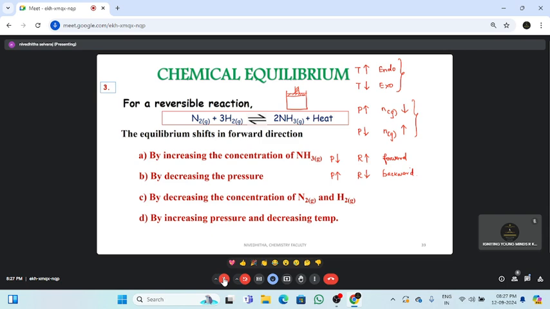Now what they asked us is to shift the equilibrium in forward direction, and this reaction is exothermic. So now tell me the answer.